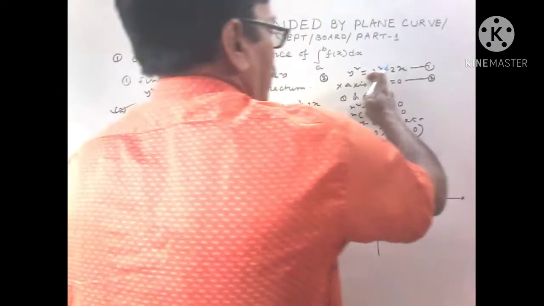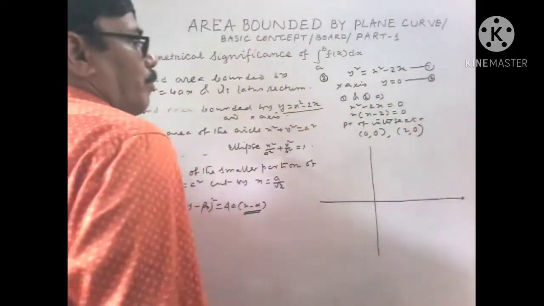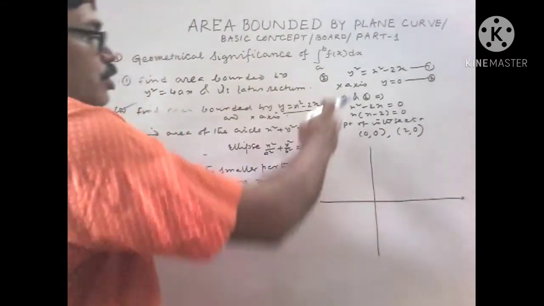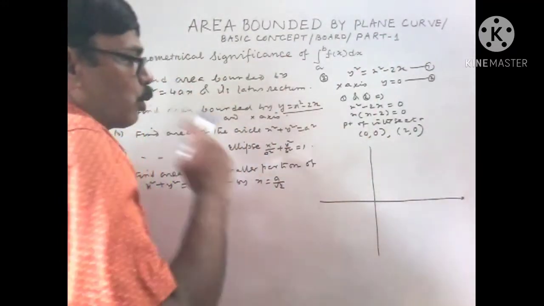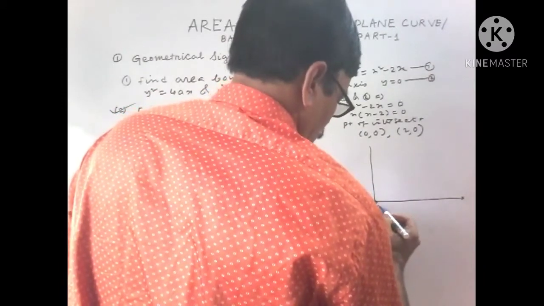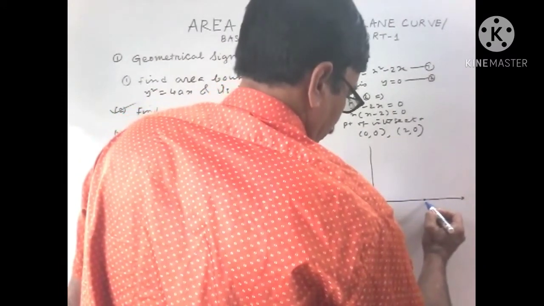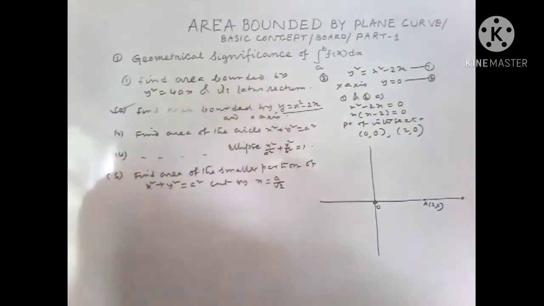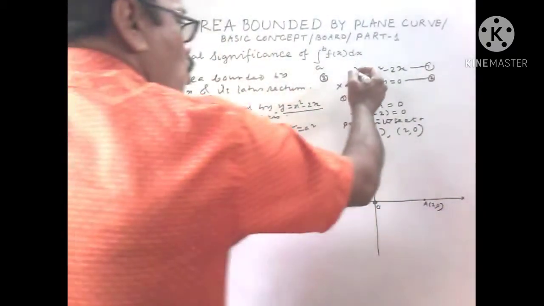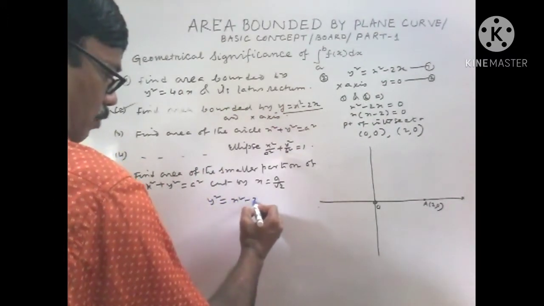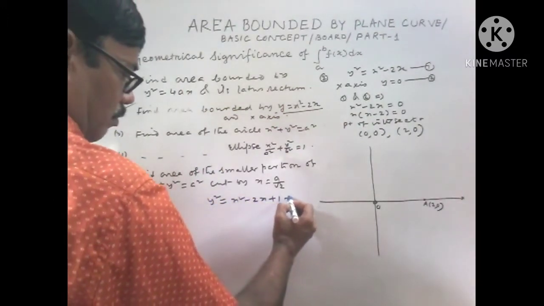Now this is the general one. So it cuts the x-axis at 0, 0 and 2, 0. This is 2, 0. So how do we draw the curve? So y equals x squared minus 2x plus 1 minus 1.